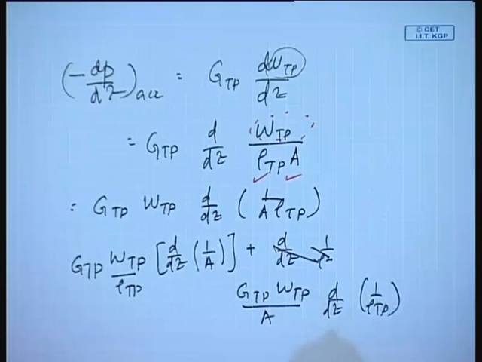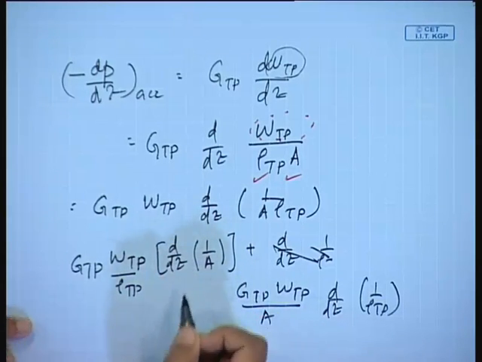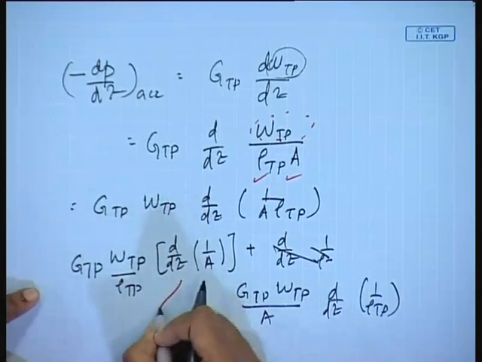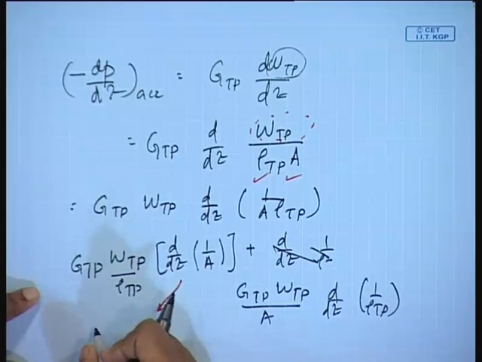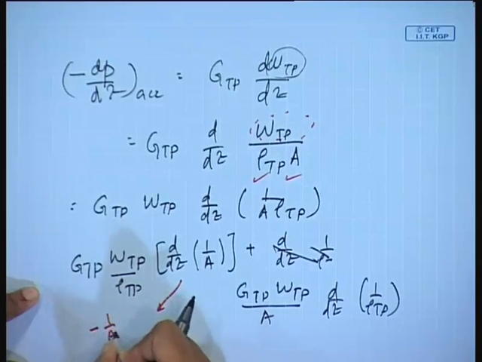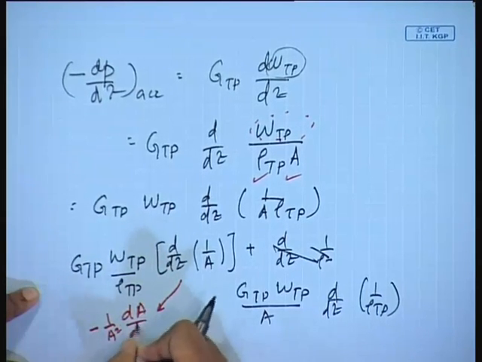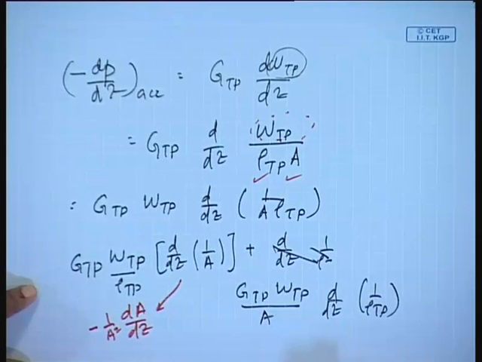We can write it in this particular form. Agreed? Now, if we do this, what do we get? d/dz of 1 by A is nothing but minus 1 by A squared dA/dz, right?